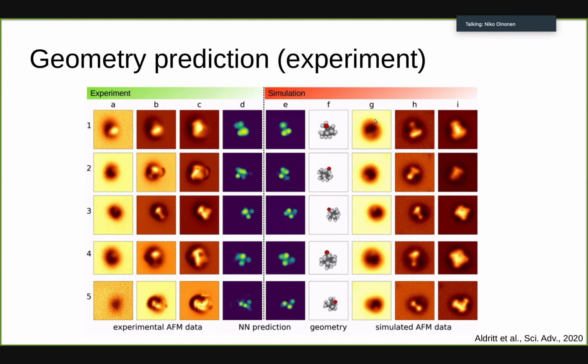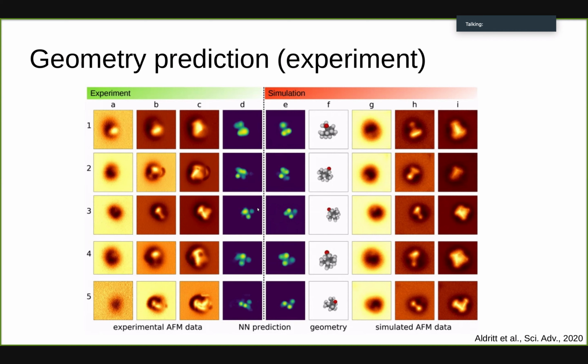And then we can also do the AFM simulations using the geometry that we know, so that we can overall see that the descriptors match quite well in each case, and also the simulation is not too far off from the experimental AFM images.